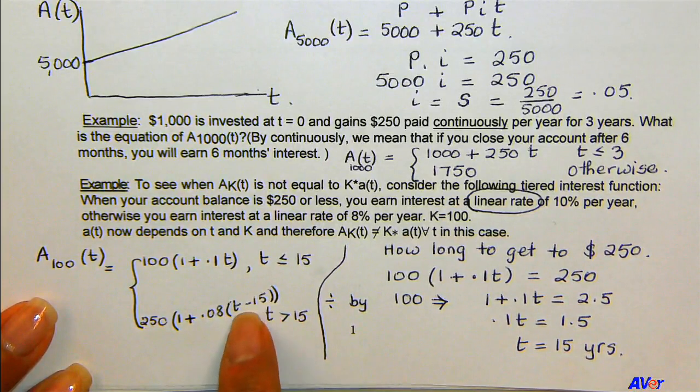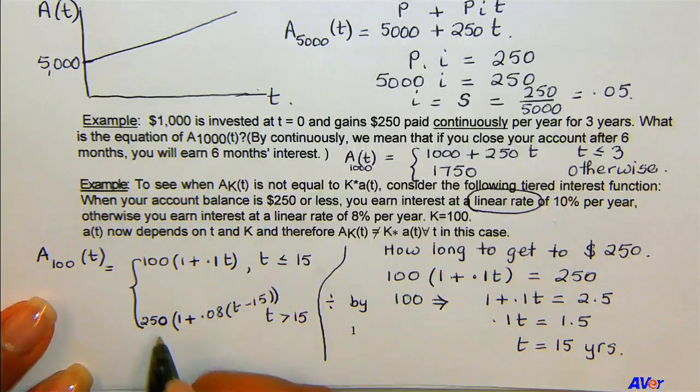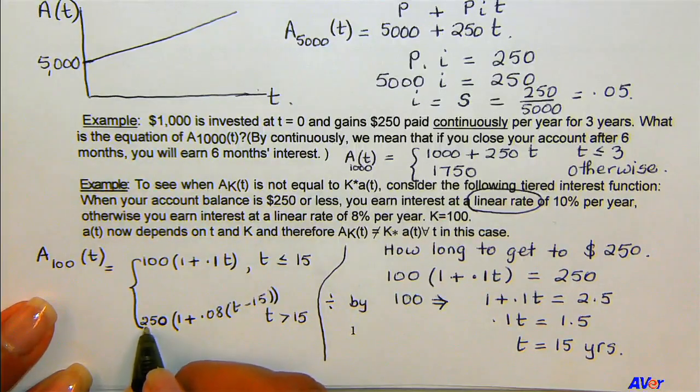So if t is 20, this would only be 5. 8% for 5 years. You get it, right? This is 250 because you are at 250 at time 15. So you better not be saying 100 there, right? That's too little of a bank balance then, right? If you say 100 over there.